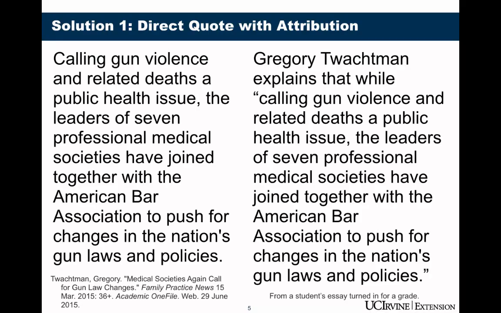So let's look at an example. This is the first way that you can prevent plagiarism when you're borrowing words from another source. You can use a direct quote with attribution. Take a moment to read this. Pause the video if you need more time. Over here on the left, you can see the source information.